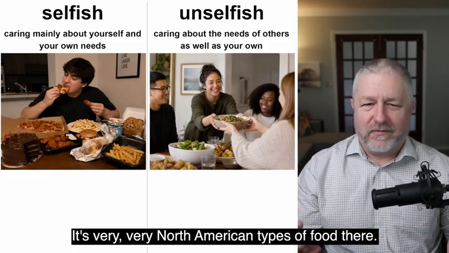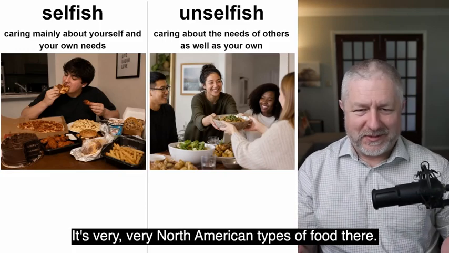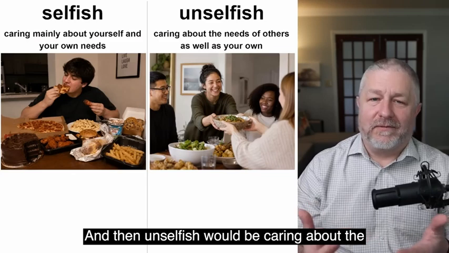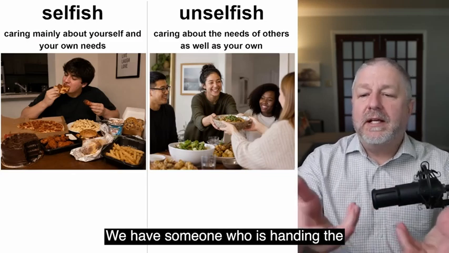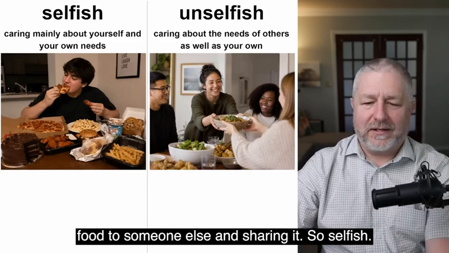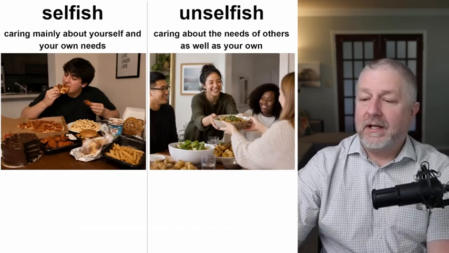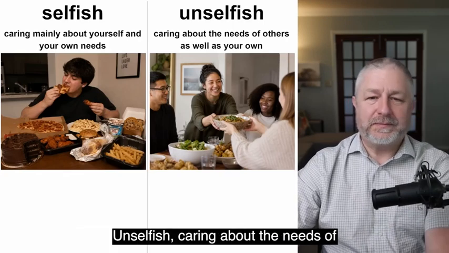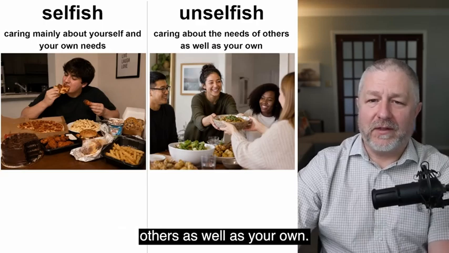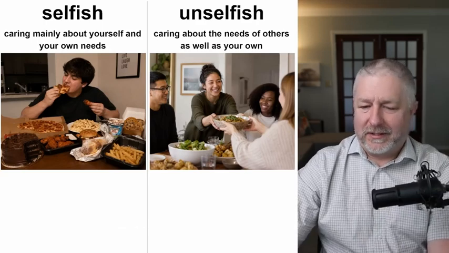It's a lot of food. It's very, very North American types of food there. And then unselfish would be caring about the needs of others as well as your own. We have someone who is handing the food to someone else and sharing it. So selfish, caring mainly about yourself and your own needs. Unselfish, caring about the needs of others as well as your own.